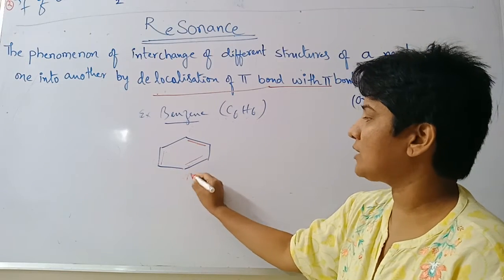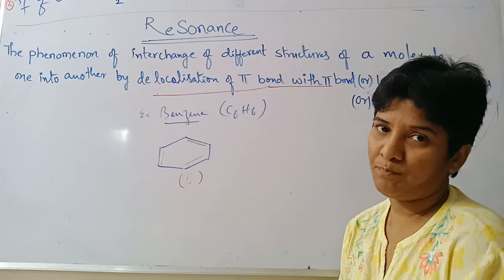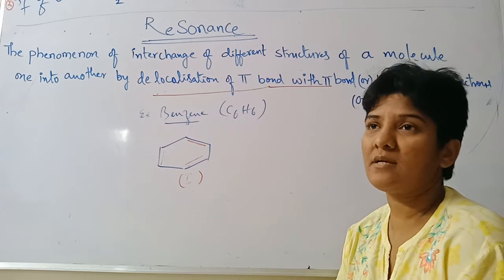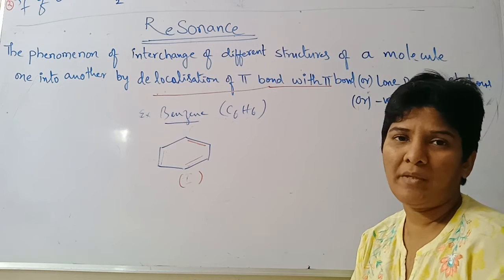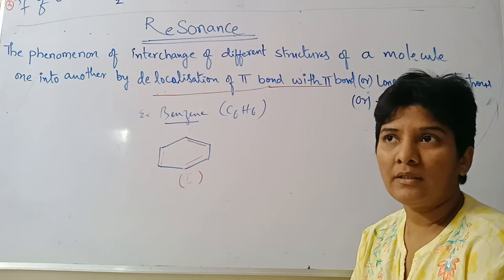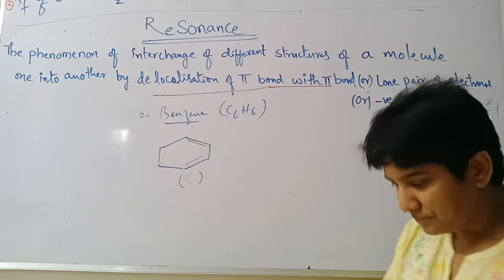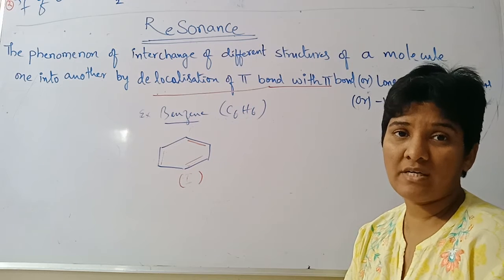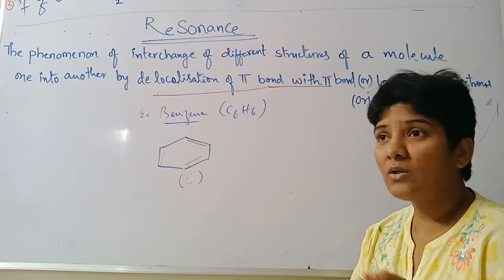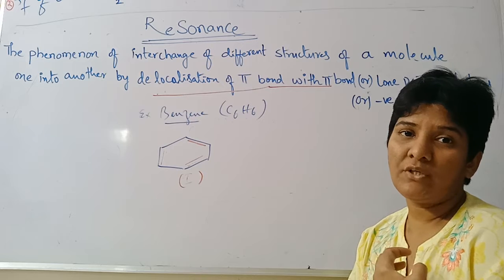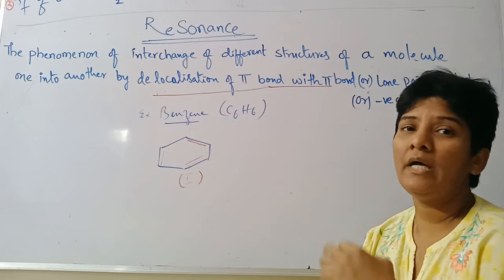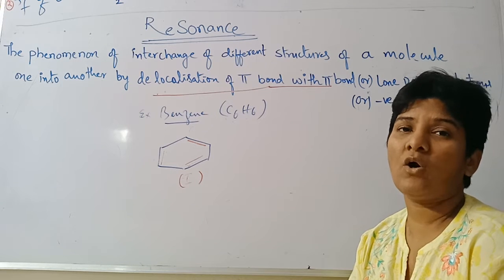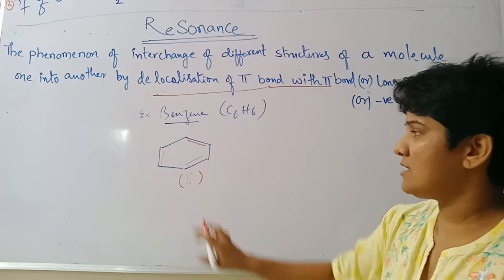This is Kekulé structure 1, because the structure of benzene was explained by many people like Armstrong, Prayers, Deva structures and Kekulé. Out of these, the structure we use nowadays is the Kekulé structure, named after the scientist Kekulé.